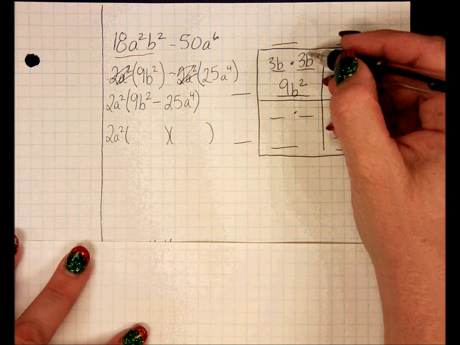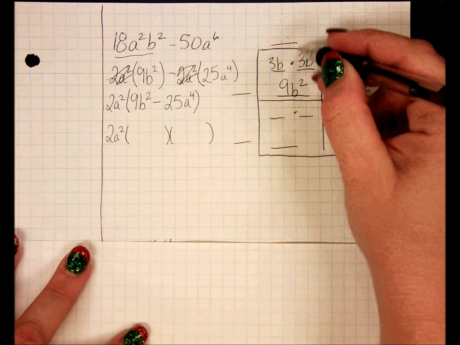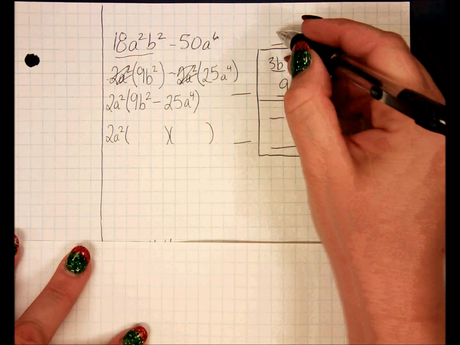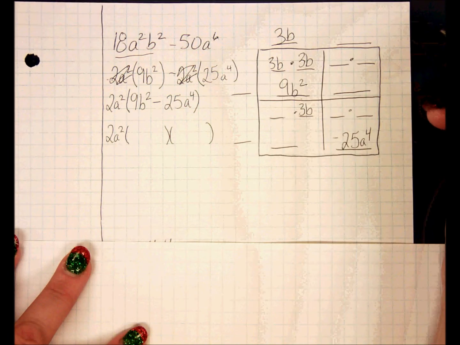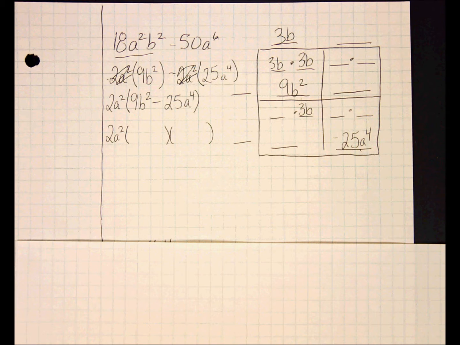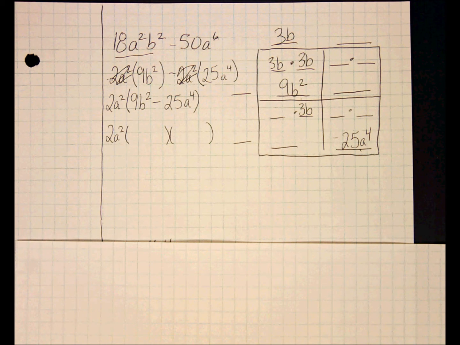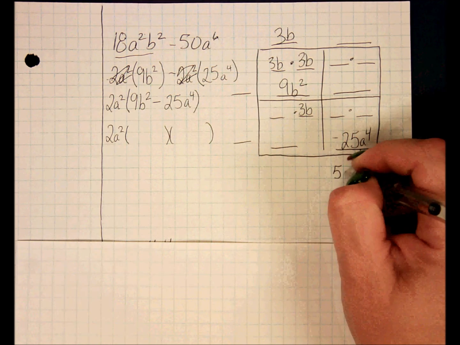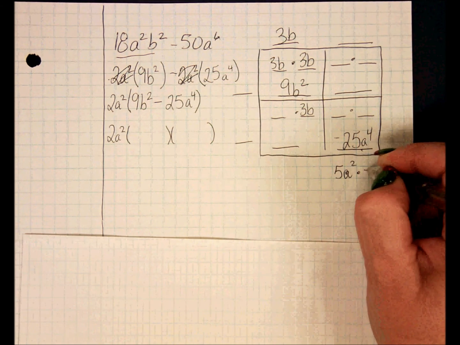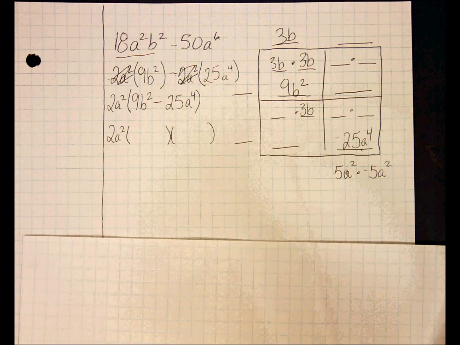So remember, this column should all be the same. So if this one's 3b, this one should be 3b. Going across, we're looking at 25a to the 4th. So what could make 25a to the 4th? 5a squared times negative 5a squared. So that gives me the 25.